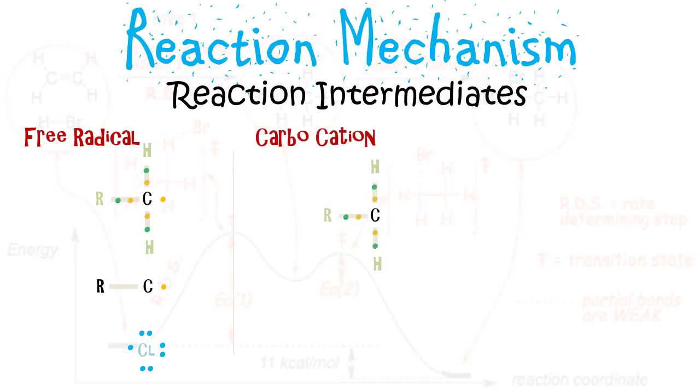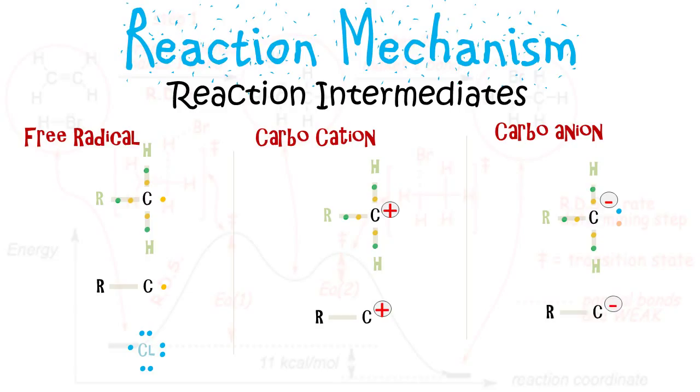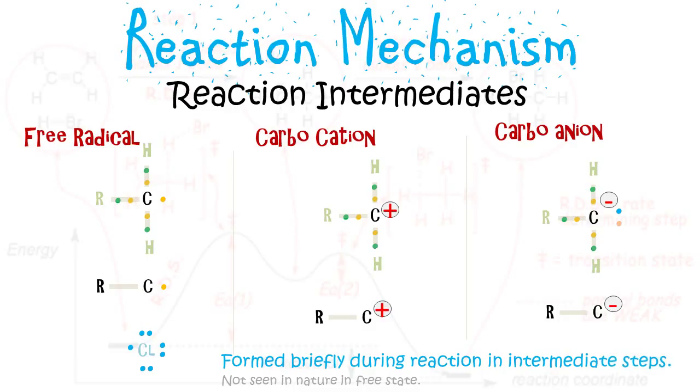This is a carbocation, and this is how it is represented. And this is a carbanion, and it has 1 extra electron, giving it a negative charge, and this is how it is represented. So these reaction intermediates are formed briefly during the reaction, and these are not seen in nature in free state.